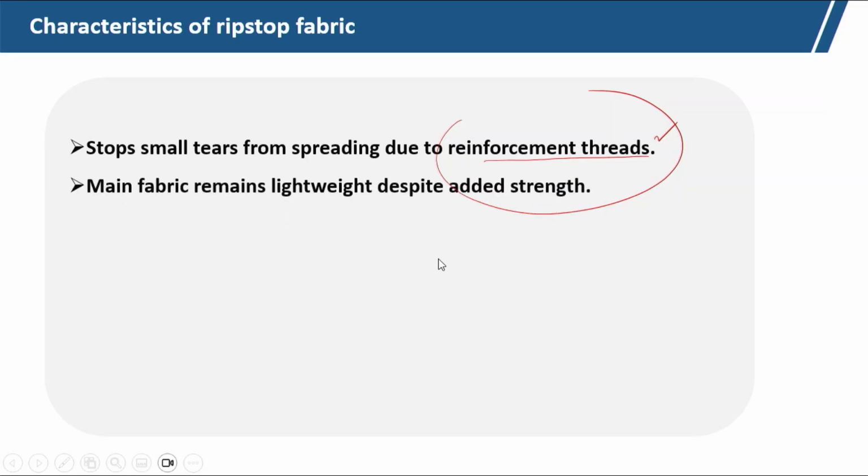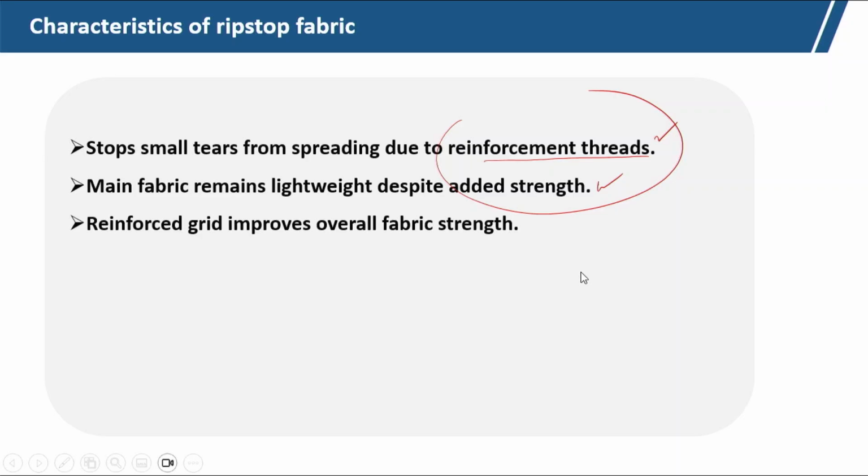The main fabric remains lightweight despite adding strength. So, what we are trying to get is a lightweight, higher strength, high tear strength fabric, that we are creating using this Ripstop design.